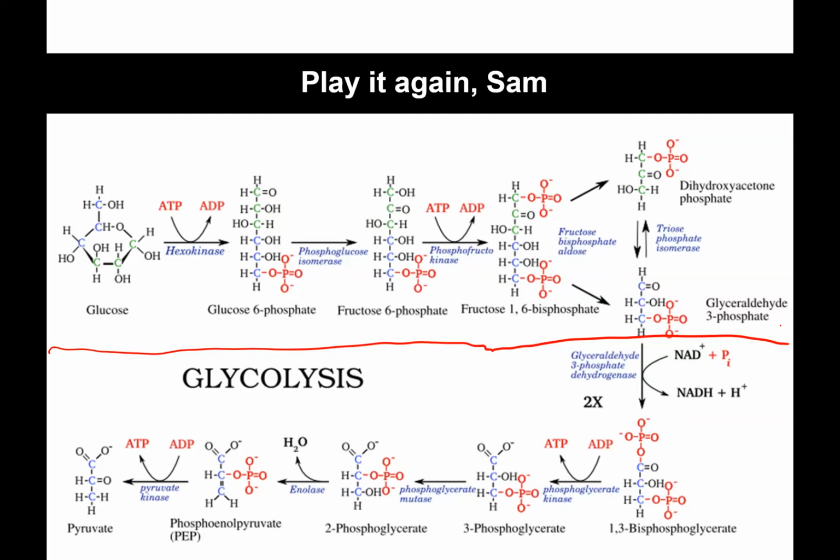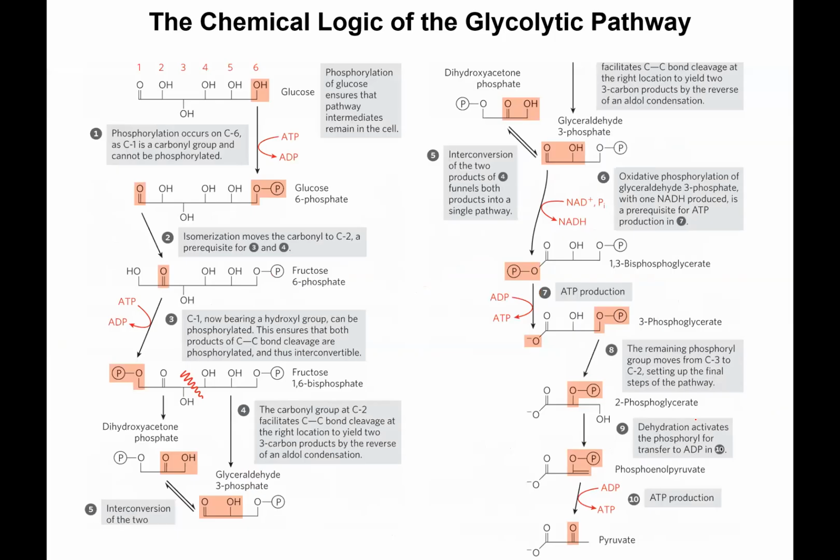We see the addition in the payoff phase of the inorganic phosphate, and that we have a redox reaction going on here, and the generation of NADH, et cetera, et cetera, et cetera. Chemical logic.